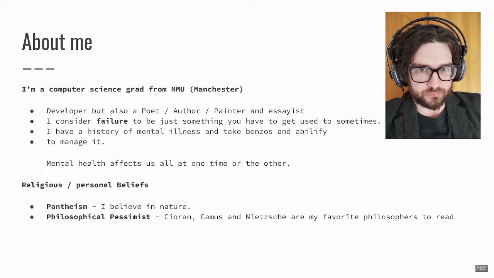I'm a writer. I've got some books here, which I can sell if anyone's interested. I'm a painter, so I paint pictures. I'm also an essayist. I'm probably sounding very pretentious now, but I just do a lot of stuff.